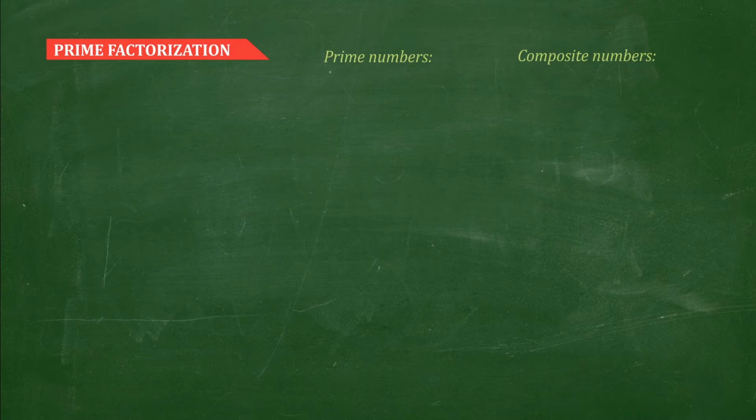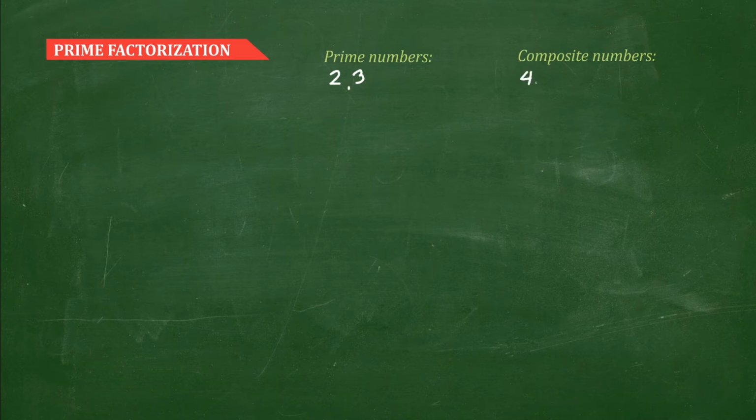Note that 1 is neither prime nor composite. So the smallest prime number is 2. It's divisible by 1 and by itself only. Then 3 is prime since it's divisible by 1 and itself only. 4, aside from divisible by 1 and itself, is also divisible by 2. So it's composite.